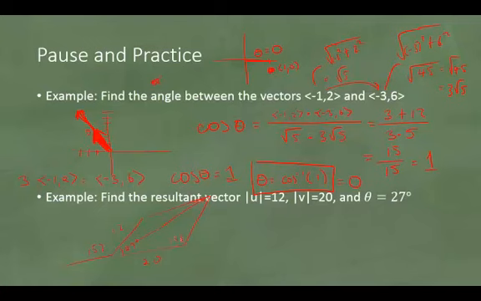To find this side, we need to use the law of cosines. Let's call that c. Let's call that a, which is 20.